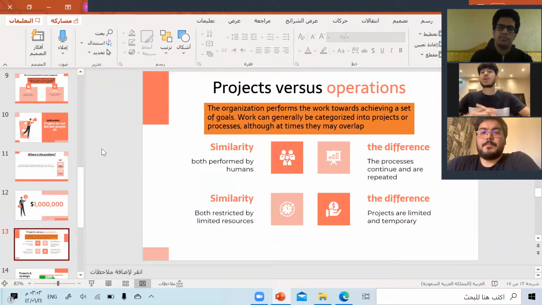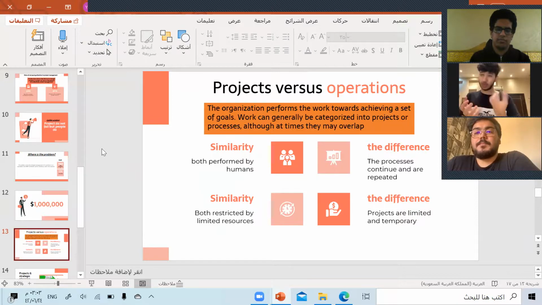And now let's talk about project against operation. I think first we talk about the similarity between project and operation, and then we go to the difference between them. The similarity: both are performed by humans, in project and operation. And the second, both are restricted by limited resources.